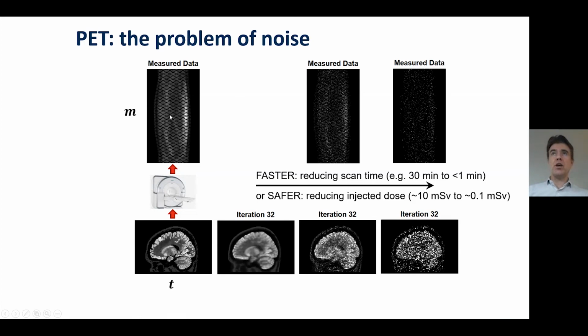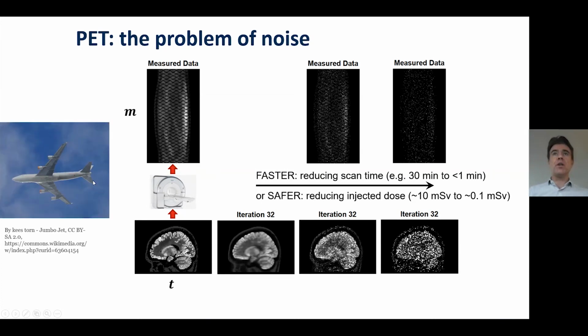So you can see here, I've taken that noise-free data set and introduced increasing levels of noise, which corresponds to reduced injected activity or reduced scan time. And you can see that our beautiful reconstructed image rapidly downgrades with loss of counts, of course, in PET. So that is a problem, and we seek to resolve that by a process known as regularization.